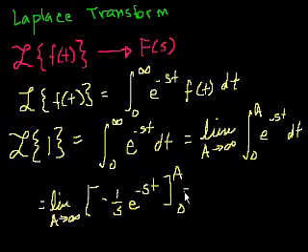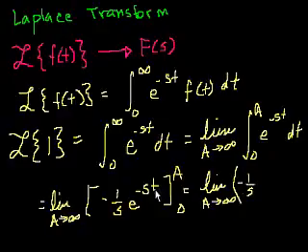So this is equal to the limit as a approaches infinity of, if we substitute a in here first, we get minus 1 over s. Remember, we're dealing with t; we took the integral with respect to t. e to the minus sa, right?